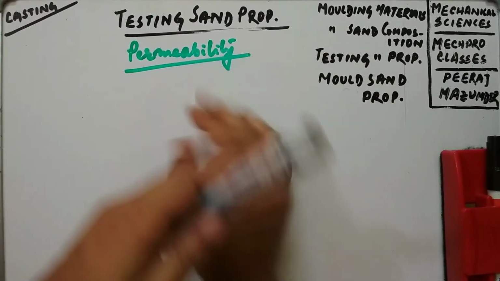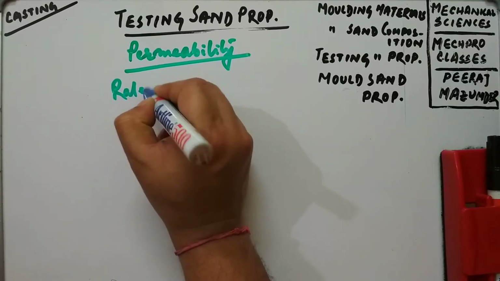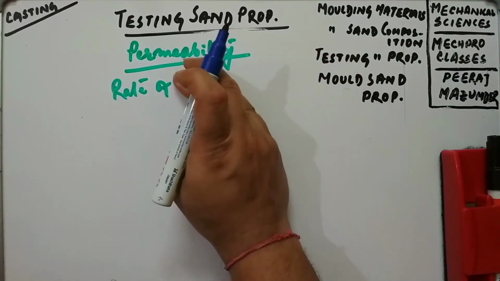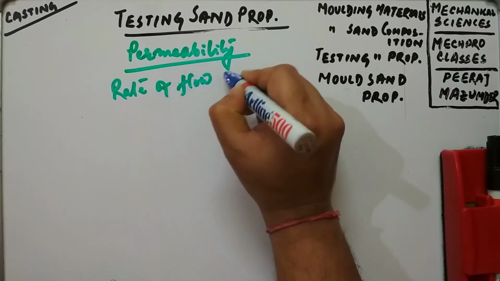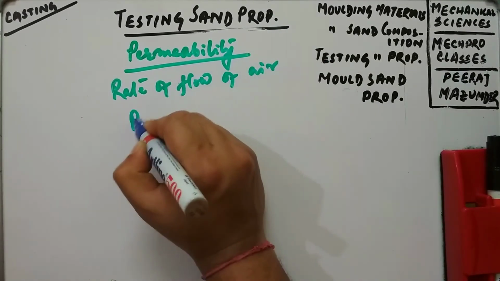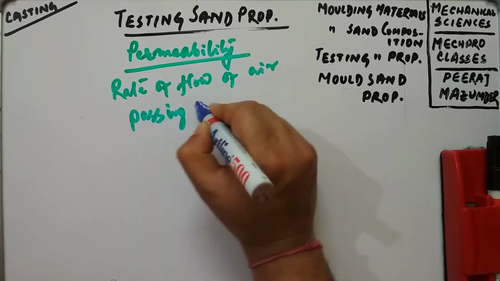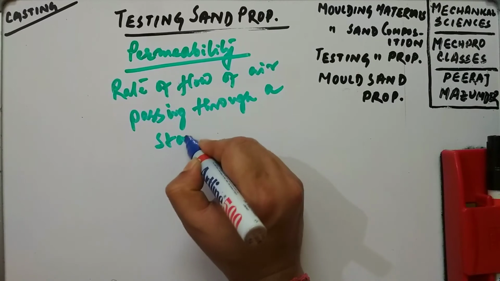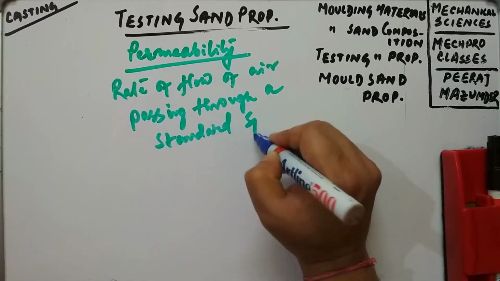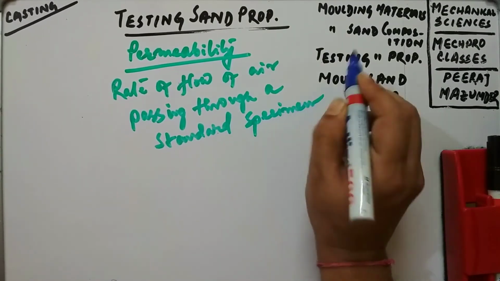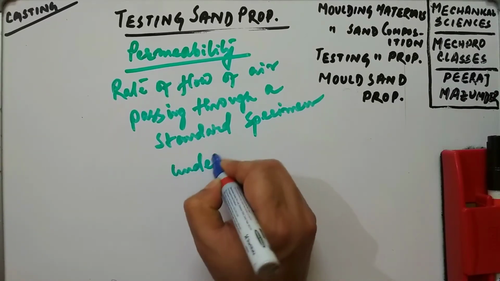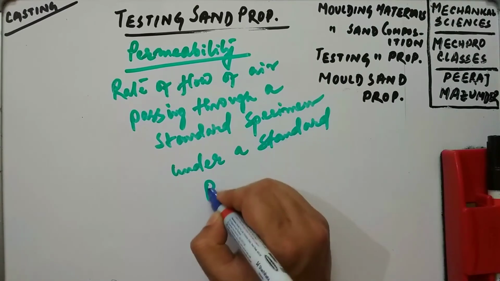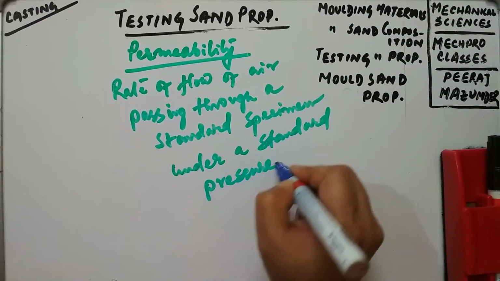You already know the permeability is the rate of flow of air passing through a standard specimen under a standard pressure. So that is the permeability.